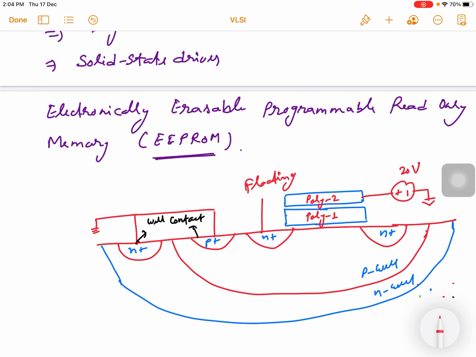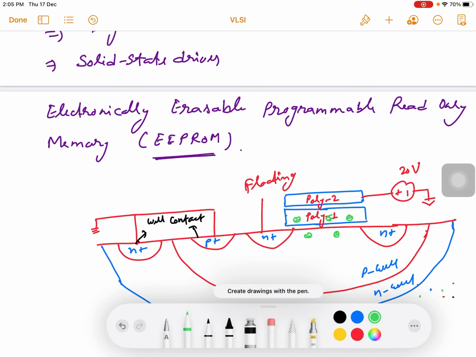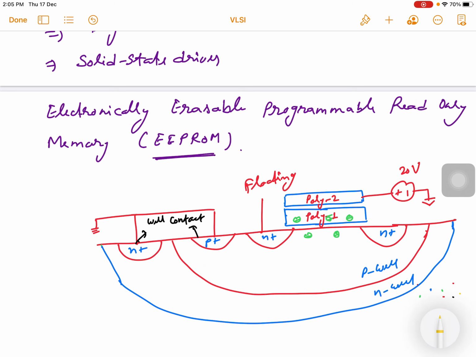You can see that some particles are available over here, and some from here. Now, this layer is very thin, around 100 angstrom.